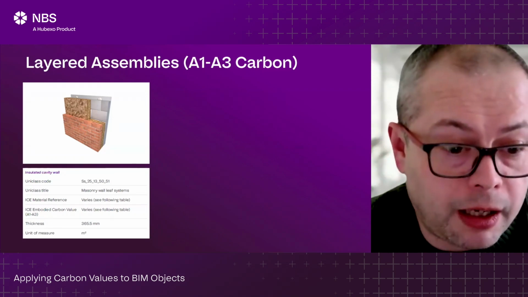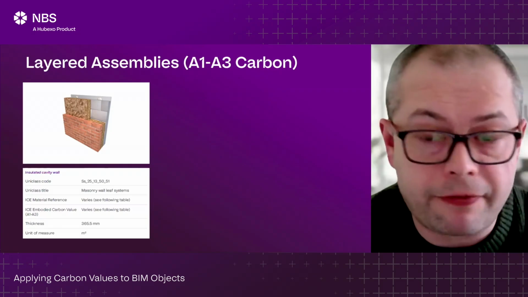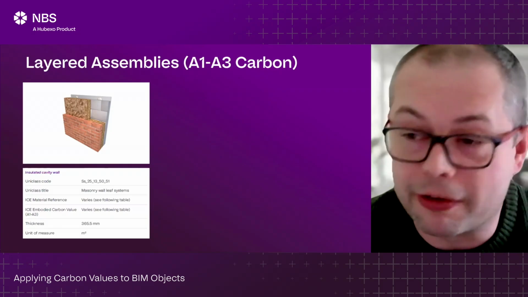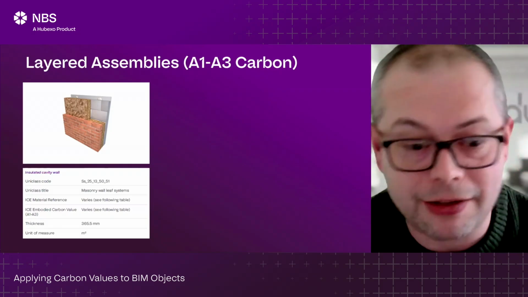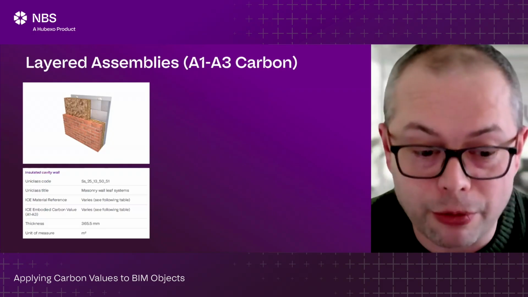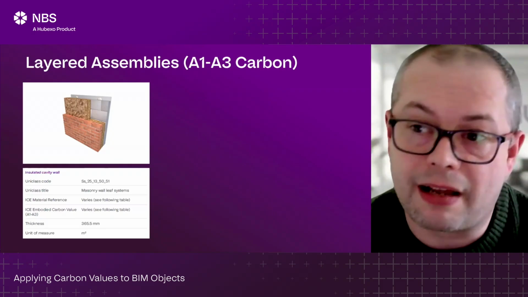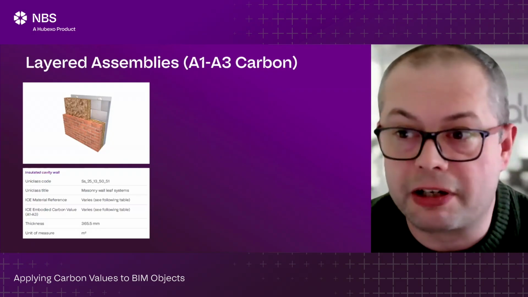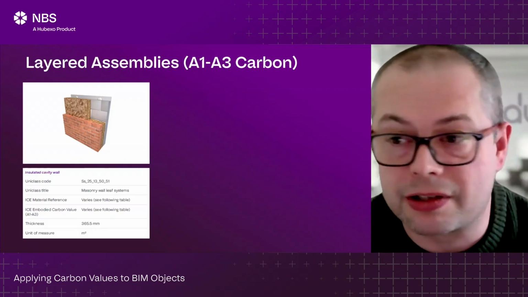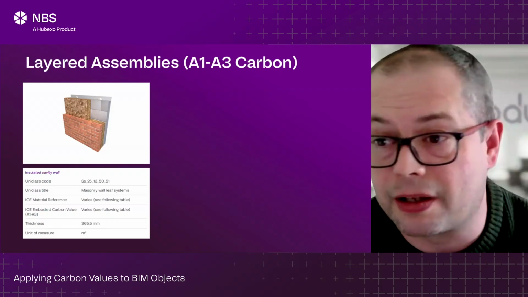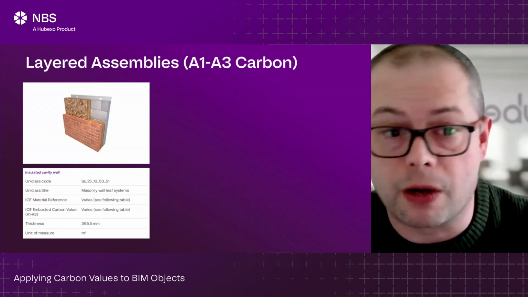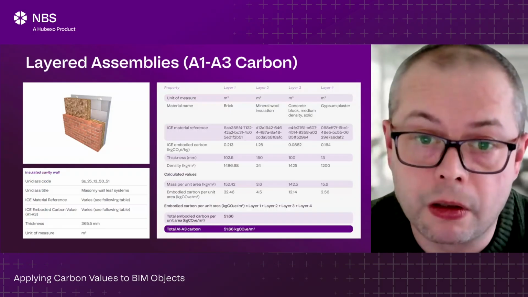We've got the title. The ICE material reference varies depending on what the material is. So is it brick, insulation, block, etc. And then we know the overall thickness, and we need to know that per meter squared. So instead of having to calculate on your project every layer individually, you could actually build these data sets up, and then you could just apply it per meter squared for the system as a whole.